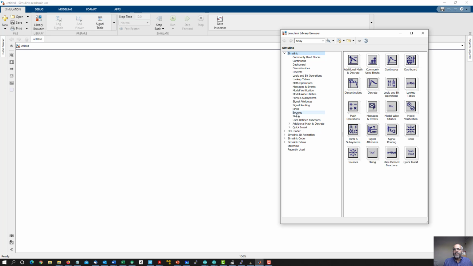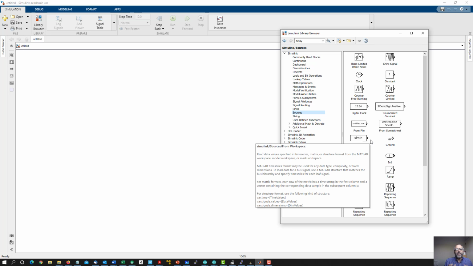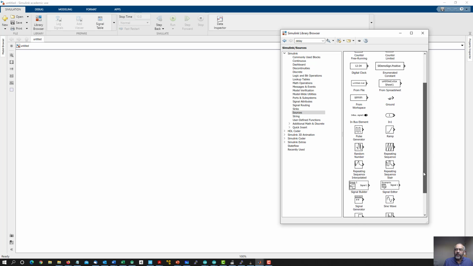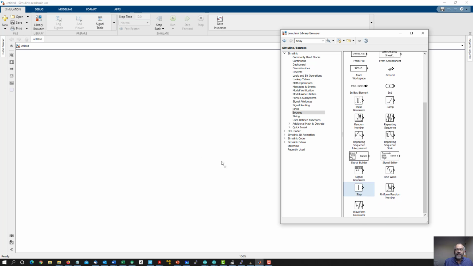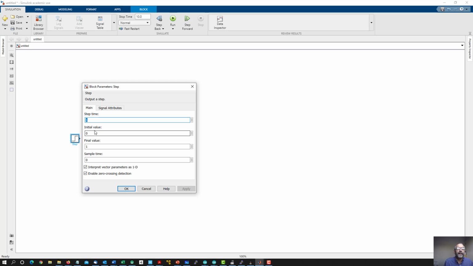What we always need is a source. That's something that generates a signal, and what we will use very often is this step function over here. That's a component that generates a step function. If we open it by double clicking, you see that it has an initial value 0, final value of 1.